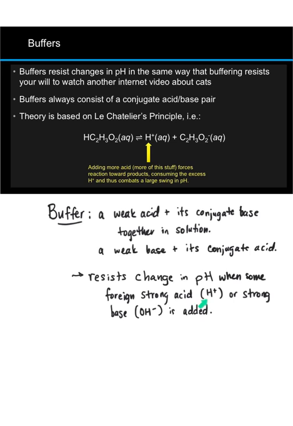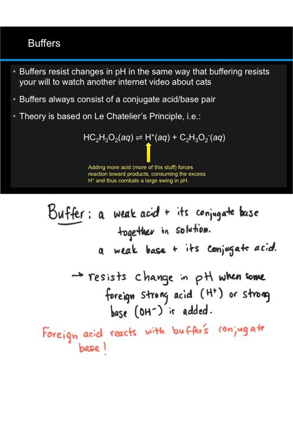A strong acid generates H plus directly from its chemical formula. A strong base generates hydroxide directly from dissociation. The addition of a strong acid or a strong base to a buffer is met with reaction by either the conjugate base component or the conjugate acid component of the buffer system.